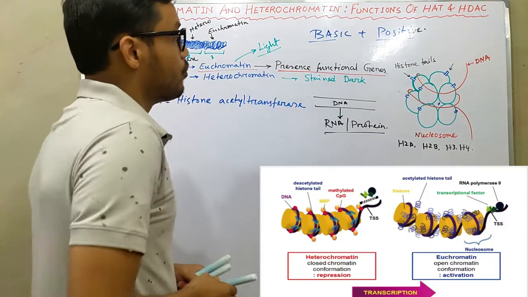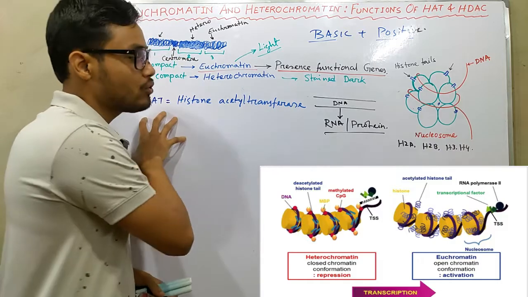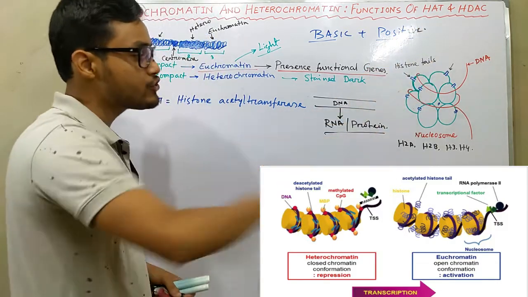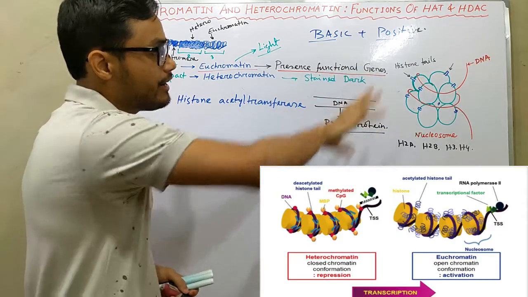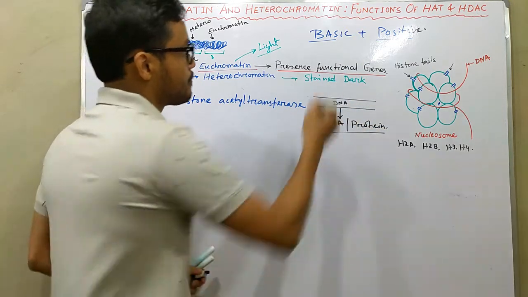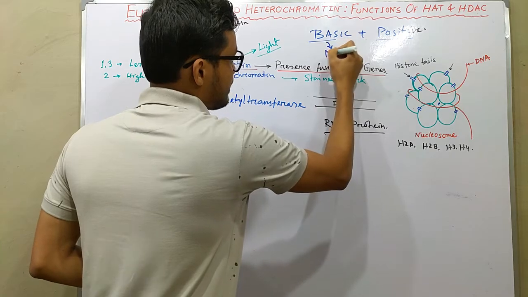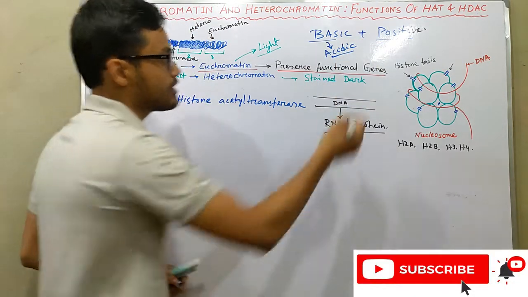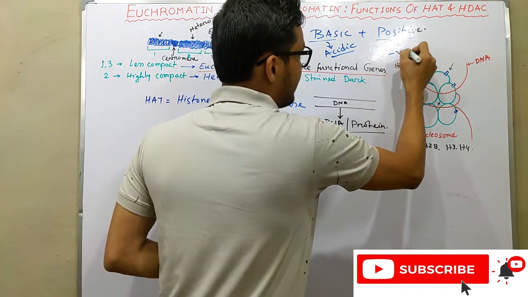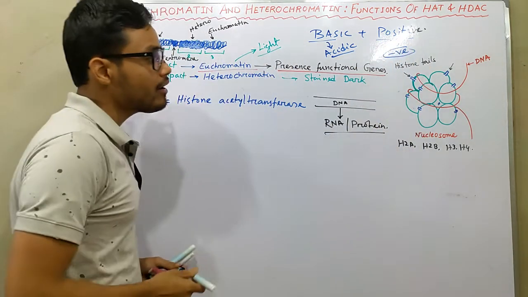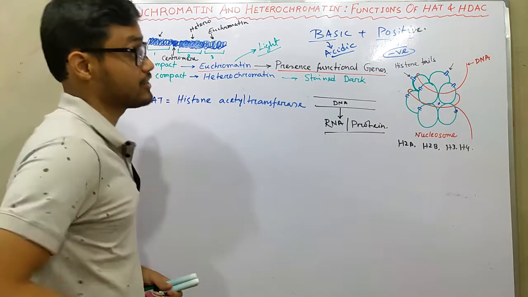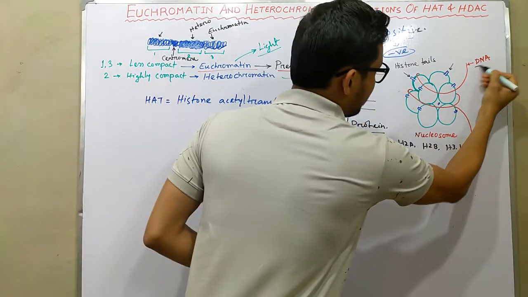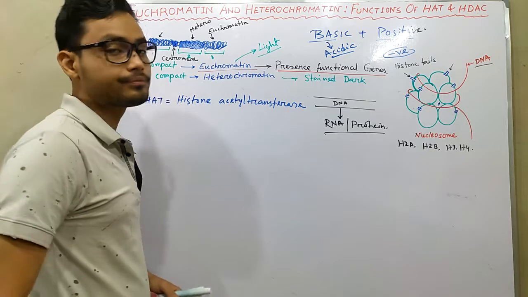Next, when a histone acetyltransferase adds an acetyl group to each of the histone proteins, it shifts from basic to acidic in nature, as well as from positive to negative. So the nature of the nucleosome has now changed, and as you all know, DNA stands for deoxyribonucleic acid.